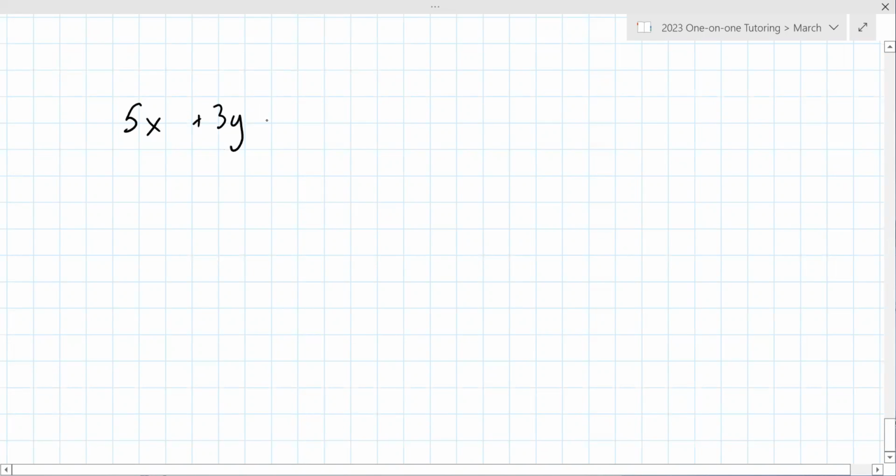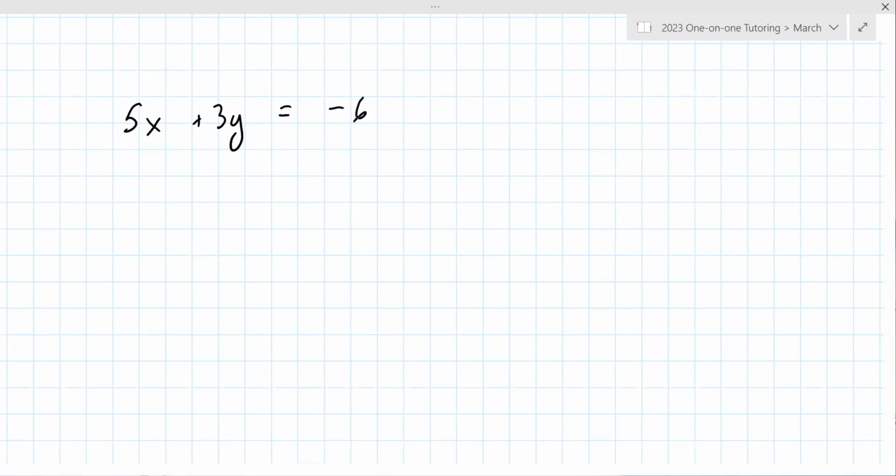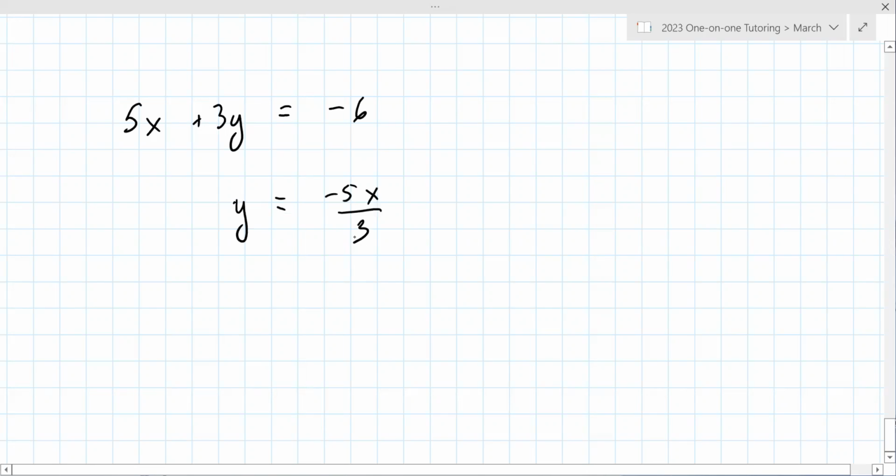5x plus 3y equals -6. Go ahead and try this one, please. So y is equal to -5x over 3 plus -2.